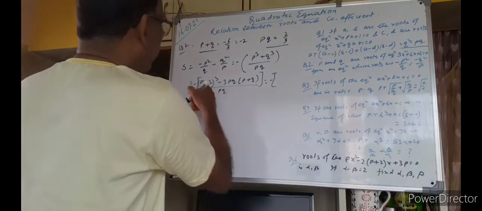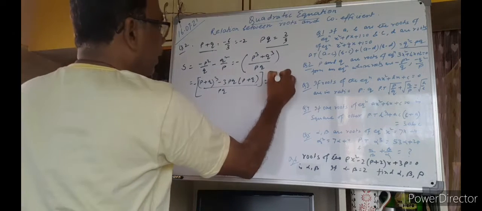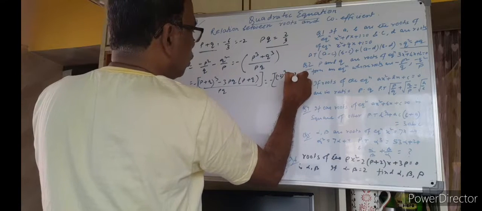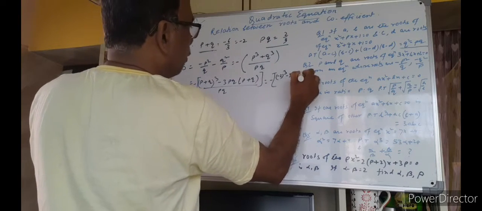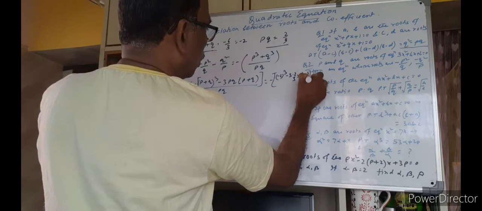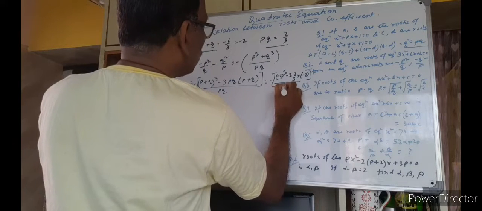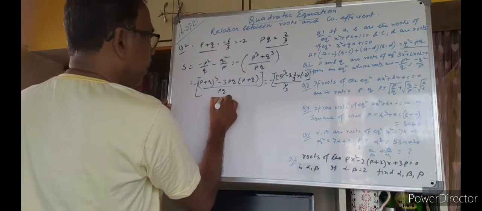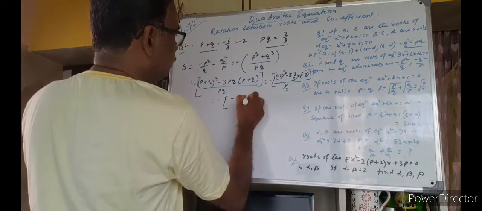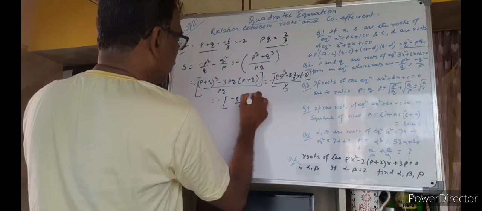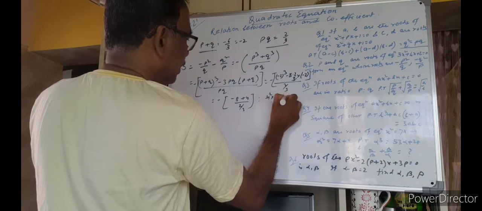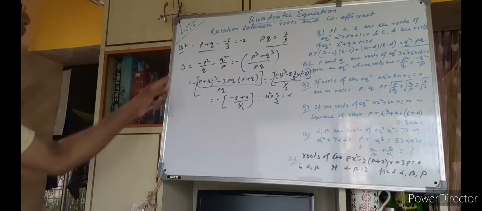The value of p plus q is minus 2, so minus 2 whole cube minus 3 into pq, where the value is 2 by 3, into minus 2, over pq, where the value is 2 by 3. That is minus minus 8 plus 4 over 2 by 3, that is 4 into 3 by 2, which is 6. The sum of the roots, the S value, is 6.